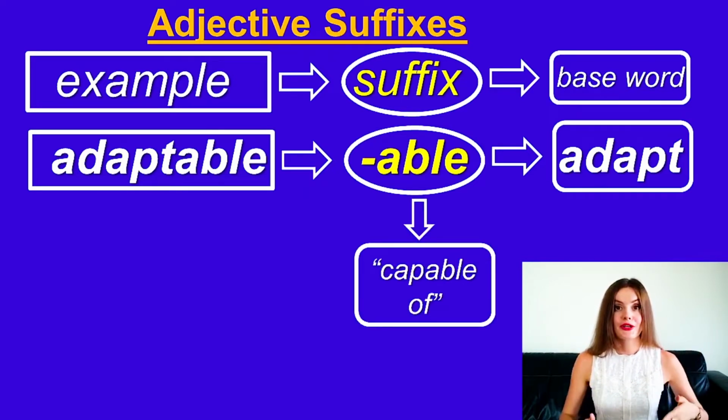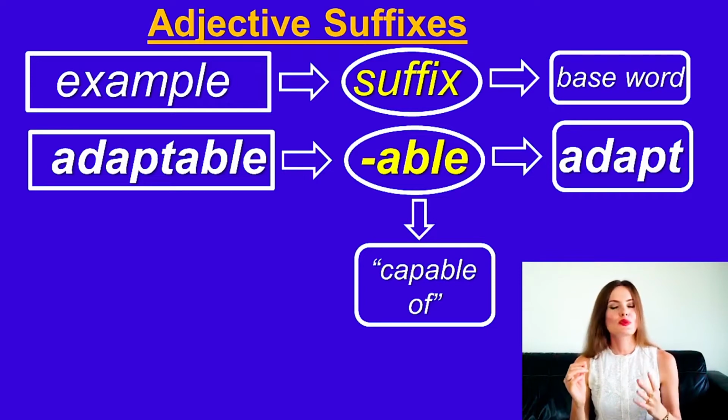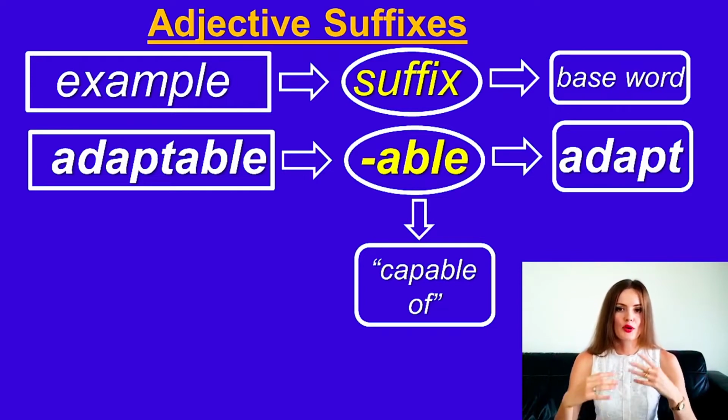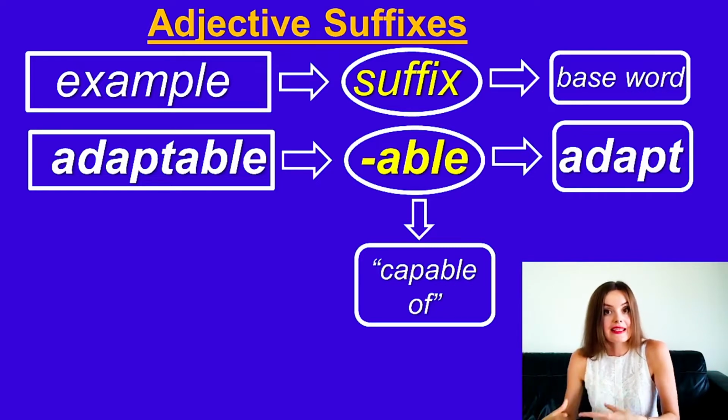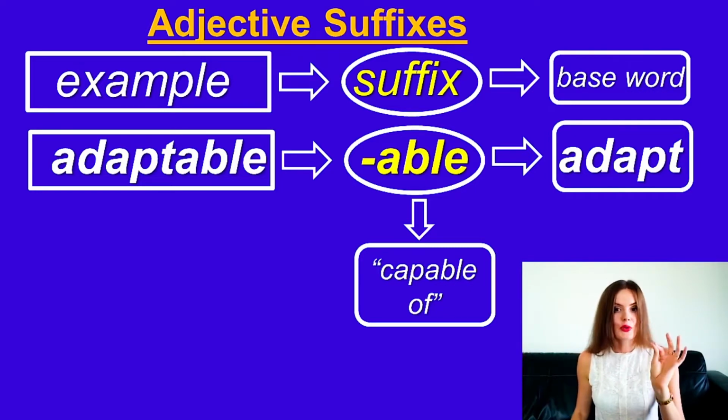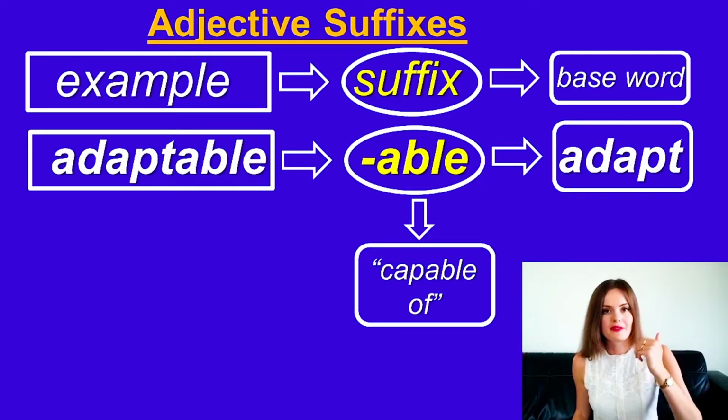Then we should learn the meaning of the suffix. All suffixes in the English language have their own meaning. That's why when we add a suffix to a word, we change the meaning of a word, right? And get a new word. So the suffix able means capable of doing something.